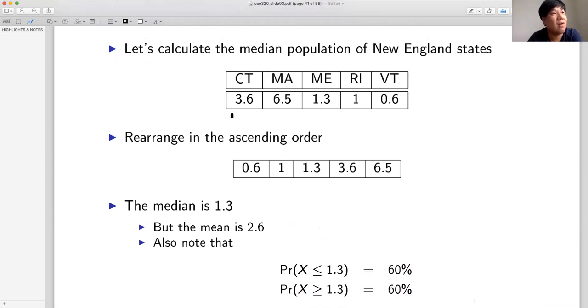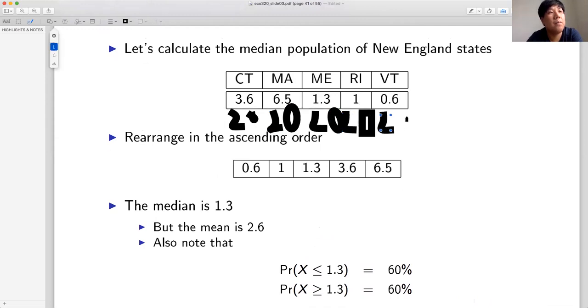So they have basically 20% probability each, because each of them appears only one time, so only one frequency. Everyone has the same weighting, so 20% each. Rearranging this in ascending order, something in the middle is the median. So this is how you calculate that.